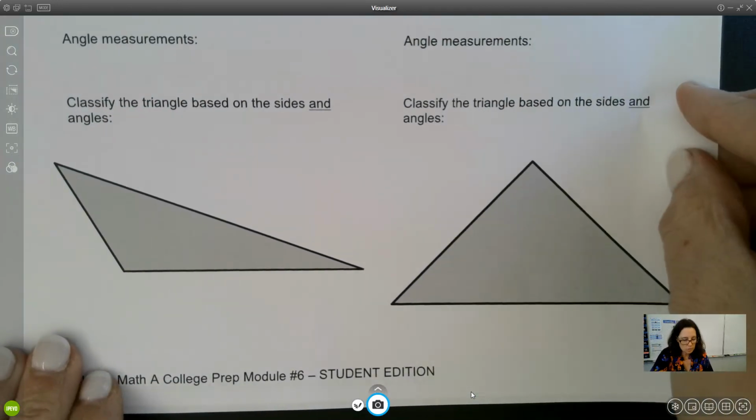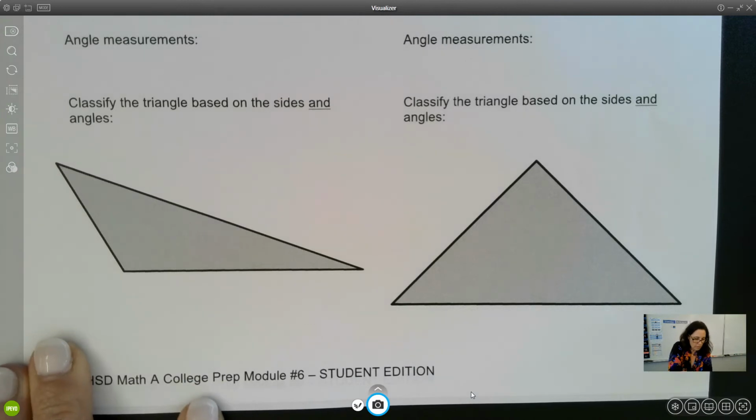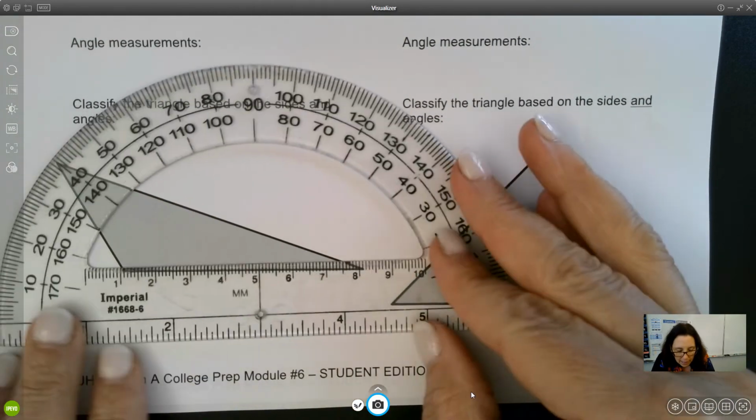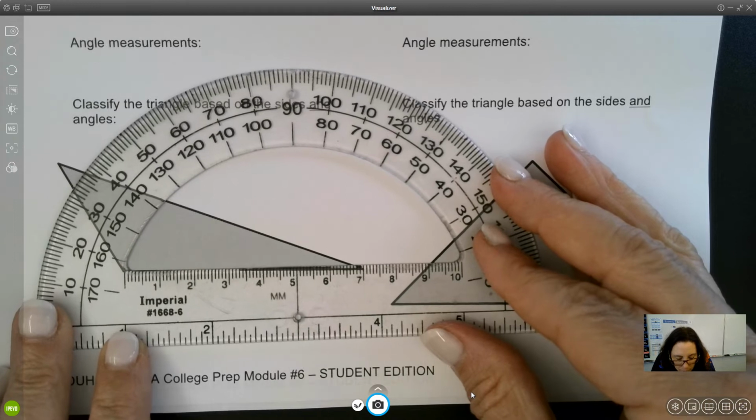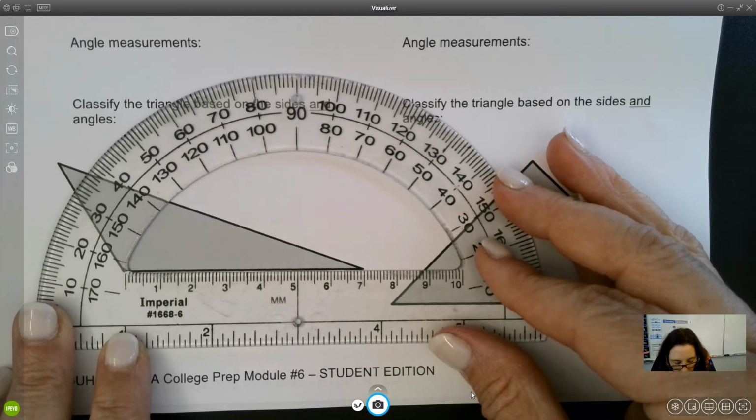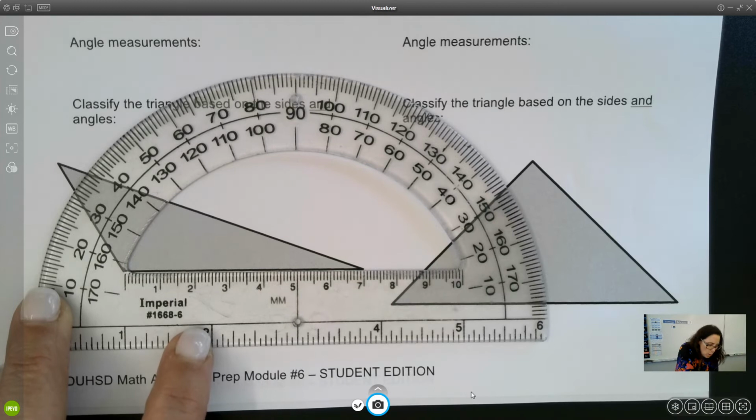I think what I'm going to do, you guys, is I'm going to be on a roll with just measuring my side lengths here on both of these. Looks to be about 7.0 to me.